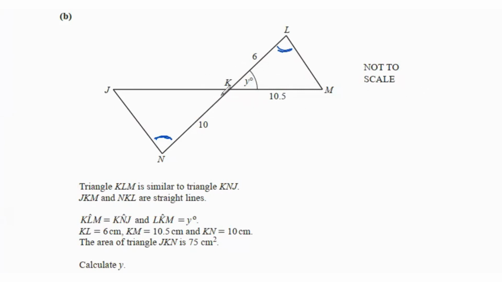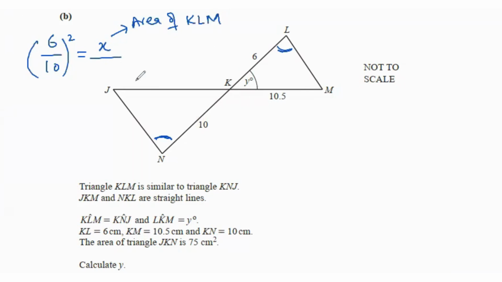Since both the triangles are similar, we can use the ratios to find the area of KLM. So I'm going to do 6 over 10 whole squared, because these two lengths correspond, equal to x over 75, where x is the area of KLM, divided by the area of JKN, which is 75.